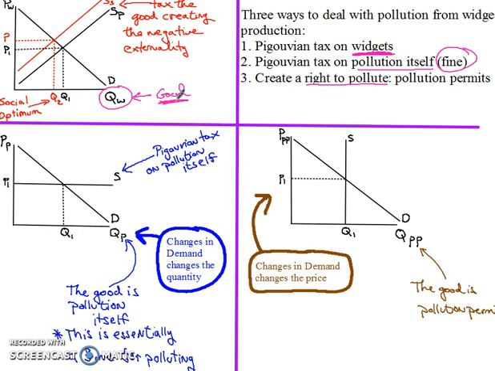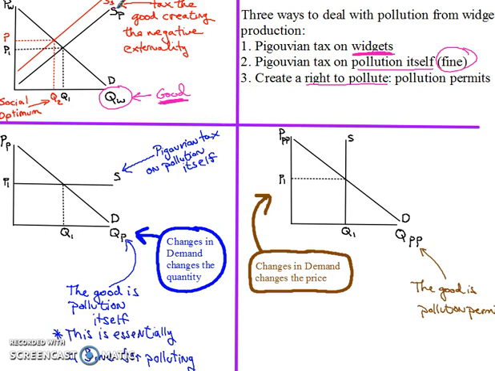The good we're talking about is widgets. It's the production of widgets that creates the pollution, which is the negative externality problem. So we're going to tax widgets. We have quantity of widgets on the horizontal axis and price of widgets on the vertical axis. Then we have a private supply curve for widgets and a social supply curve for widgets, which is a little cut off up here.